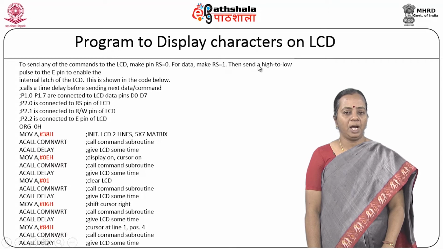And for a high to low pulse, remember I need to give one full cycle, a high to low pulse or edge, to the E pin to enable the LCD display.